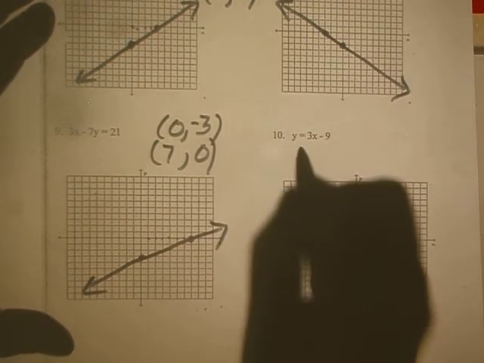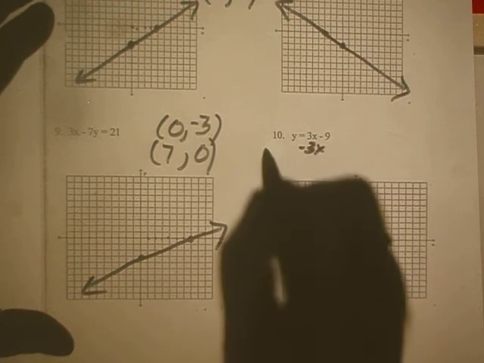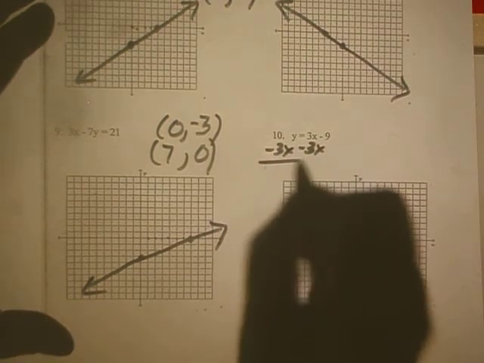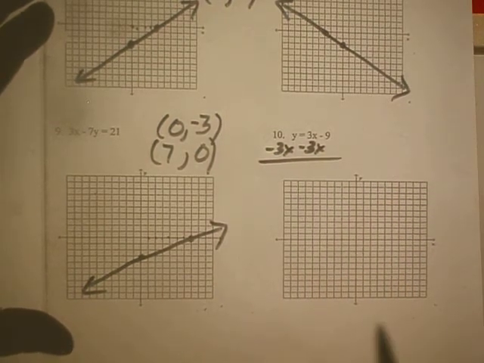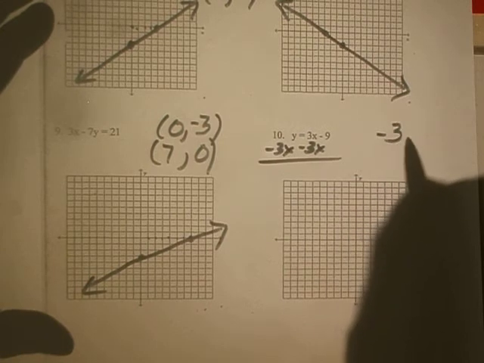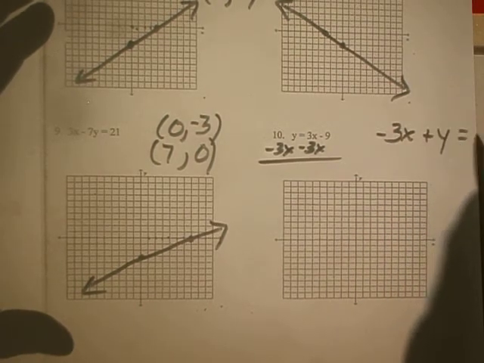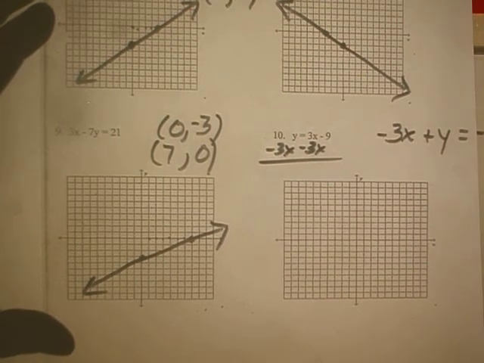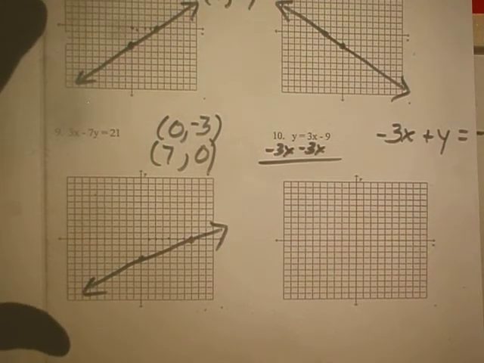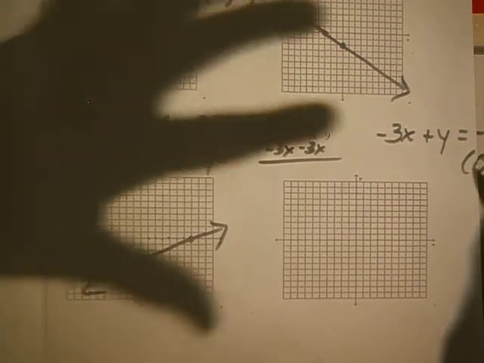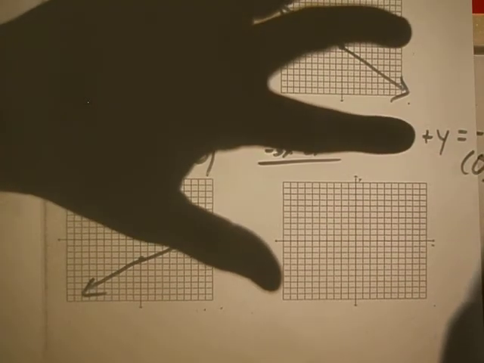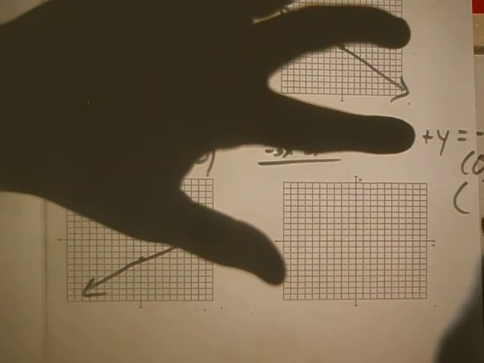Number 10, we need to get into standard form first of all. To get that into standard form, we're going to subtract 3 from both sides. So you will have -3x plus y equals -9. If x is 0, y is -9.